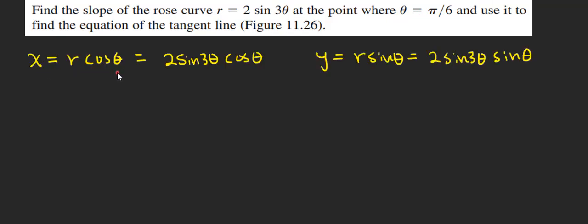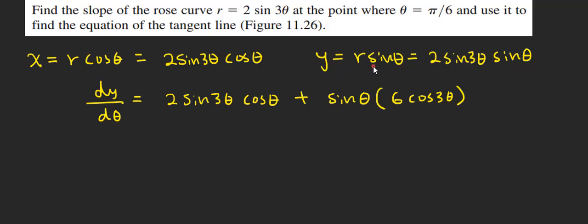And since x equals r cosine theta, using substitution, x will be 2 sine 3 theta cosine theta. And y is r sine theta. So again, substituting 2 sine 3 theta instead of r, you get 2 sine 3 theta sine theta.